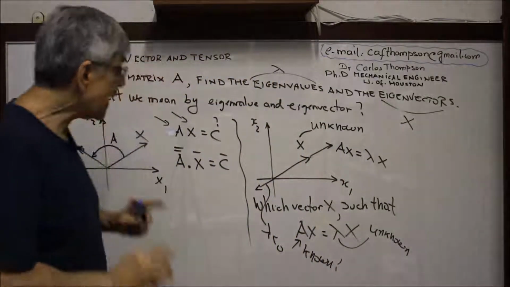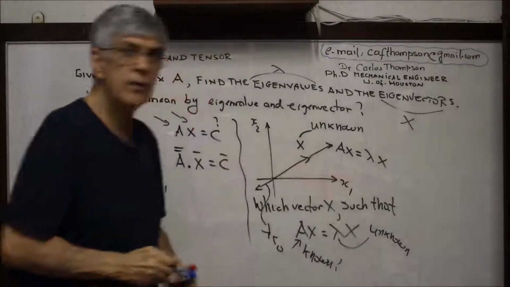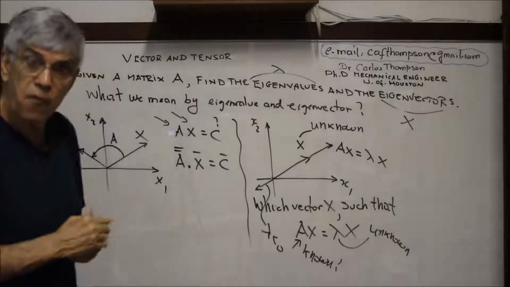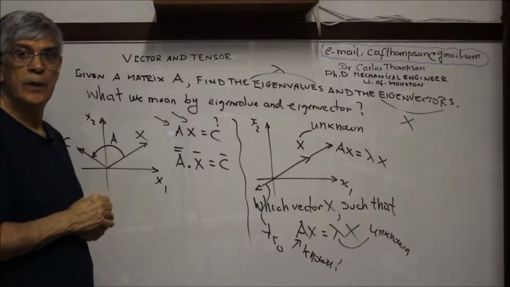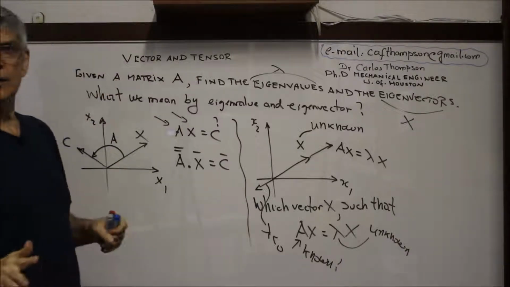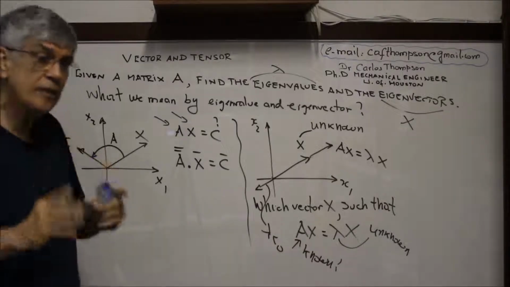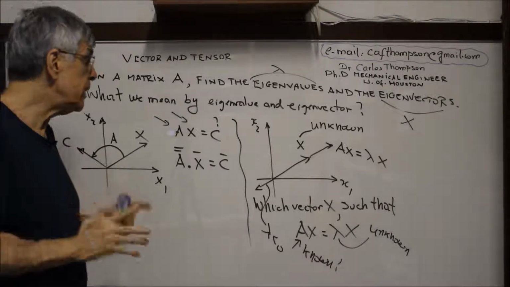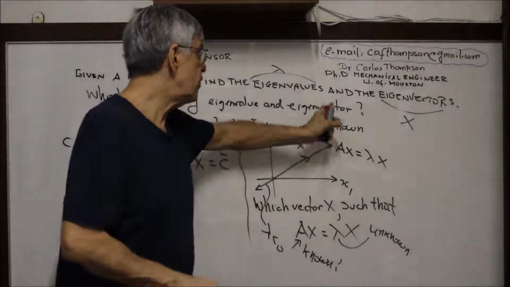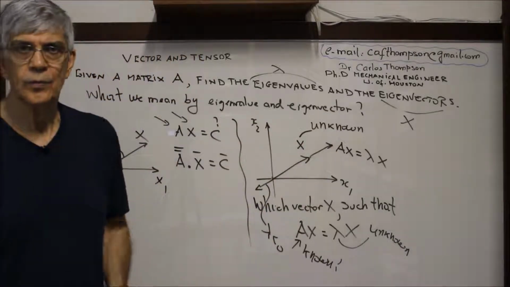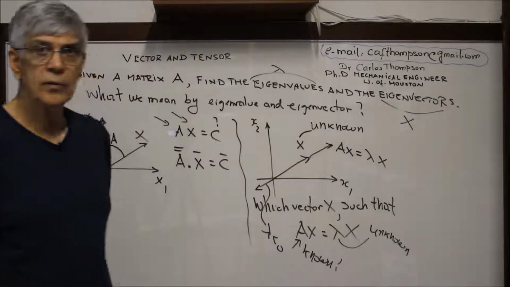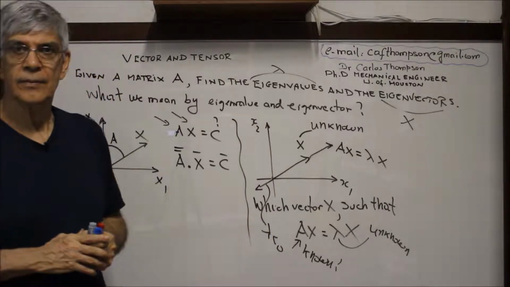You see? Such that Ax is equal to lambda x. Before we do any calculation, you have to understand what we mean by eigenvector and eigenvalue. See? x is unknown, lambda is unknown.